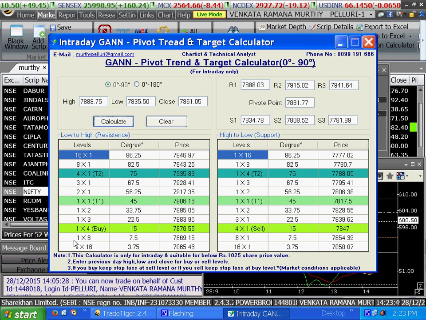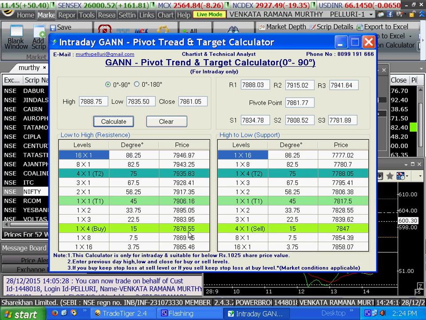The levels given are 1 into 16, 1 into 8, 1 into 4, like that. Here 1 into 4 is the buy level for intraday, the 15 degrees level. This is 7876.55. On the upside movement, if the Nifty crosses the 7876.55 level, then we have to go for buying.